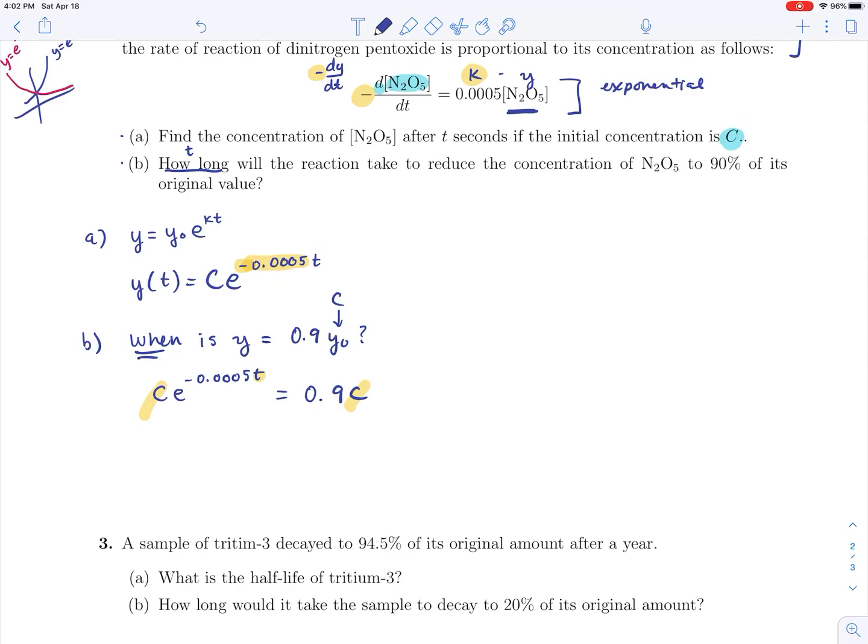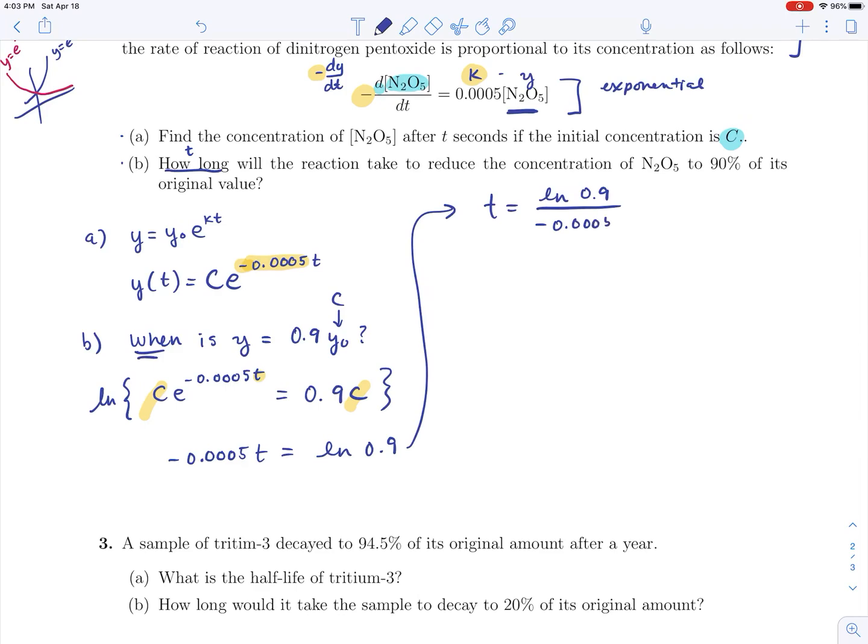So I'm going to cancel the C's, divide both sides by C, and then also take the natural log of both sides, so that we get negative 0.0005t equals natural log of 0.9. And so then we get t equals natural log of 0.9 over negative 0.0005.